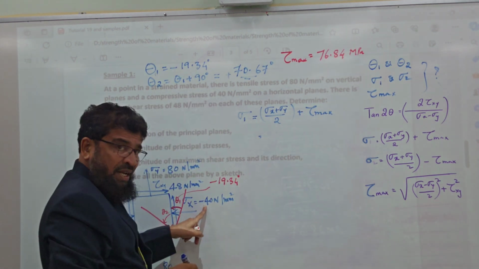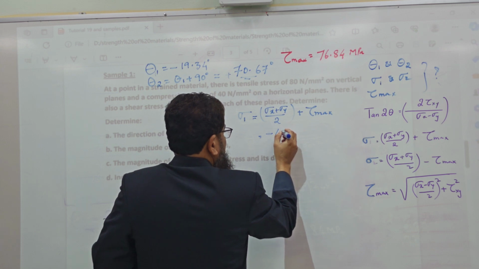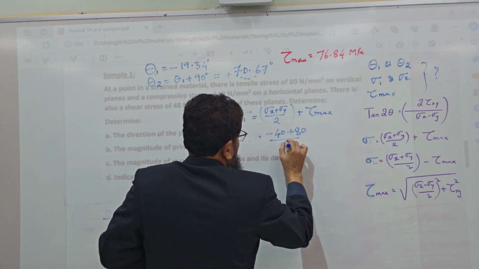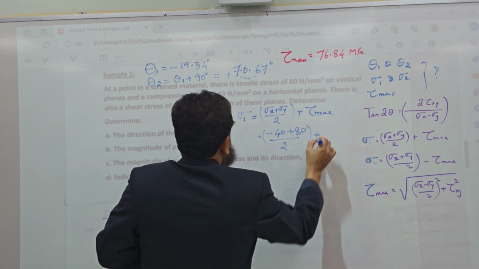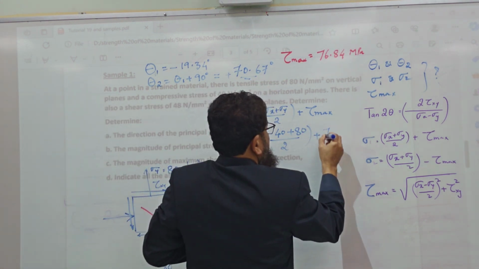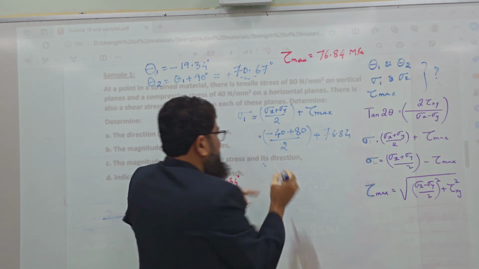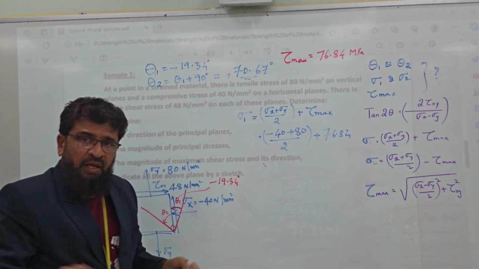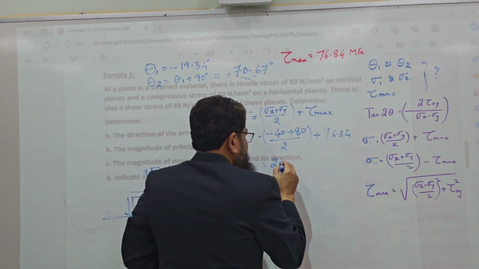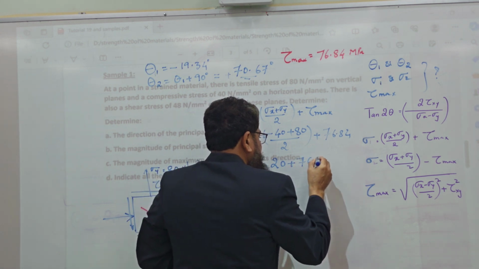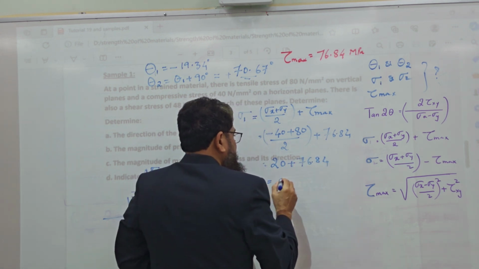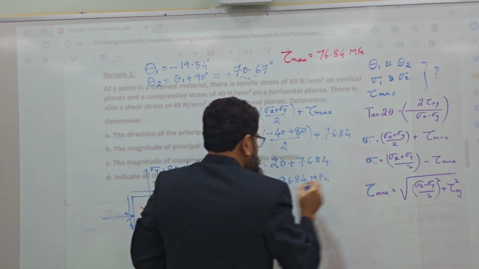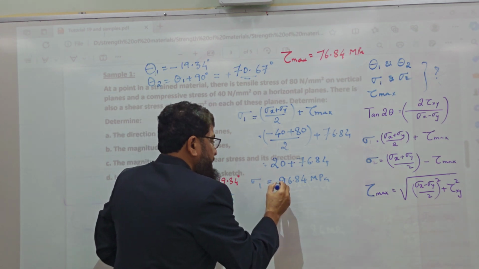Sigma x is how much? 40 minus minus 80, divided by 2, plus tau max, which you already found, 76.84. 40 plus 80 is 120, 120 divided by 2 is 60, plus 76.84. This becomes 136.84 megapascal. It is positive, see here, is it not?